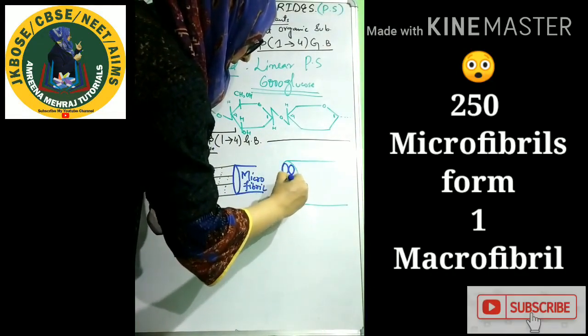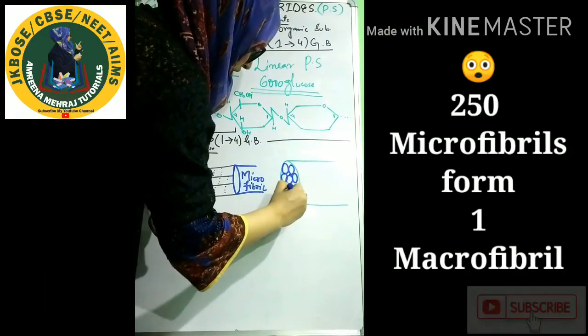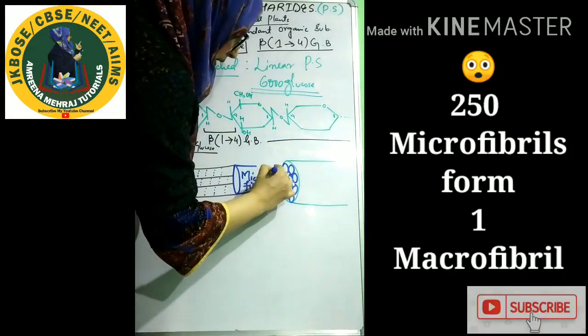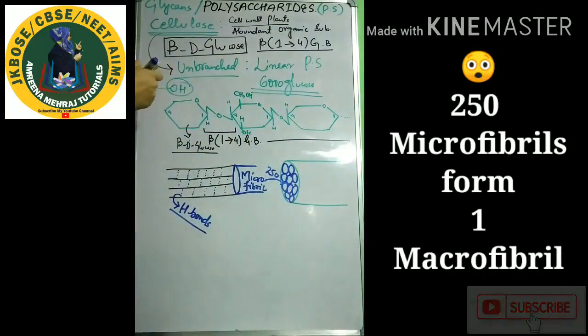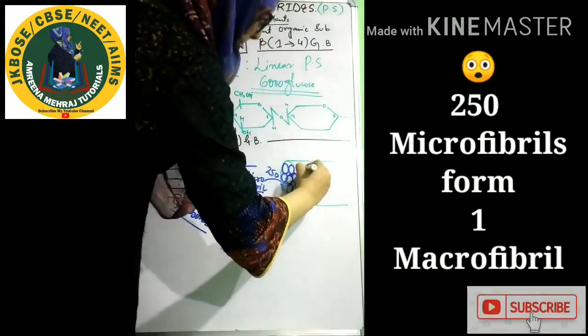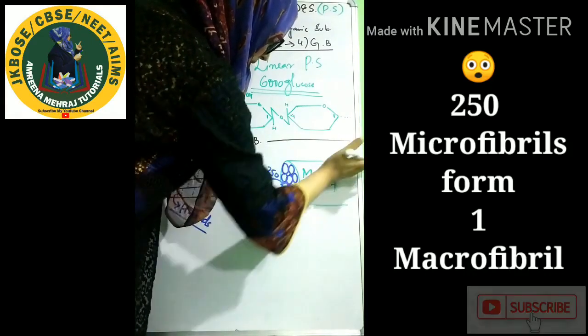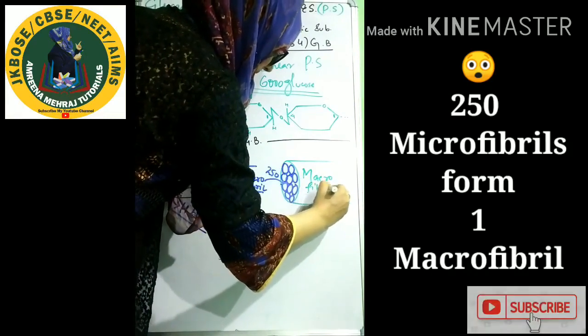Many here indicates hundreds, okay? You can have around 250 such microfibrils getting arranged together, forming a bigger fibril. This bigger fibril is your macrofibril. Okay? This is your macrofibril. I have less space over here, so I'll write it down here. So this is a macrofibril.